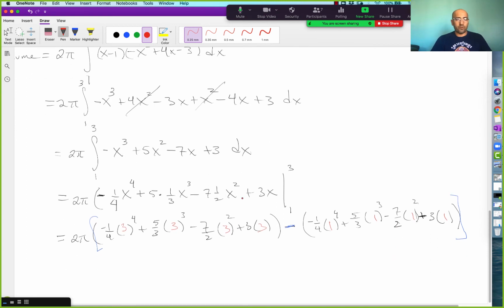So we just have to do a little bit of arithmetic here. 3 to the 4th is equal to 81, so that'll be 2 pi, bracket, negative 81/4, plus 3 to the 3rd is 27. 27 times 5 is 135.